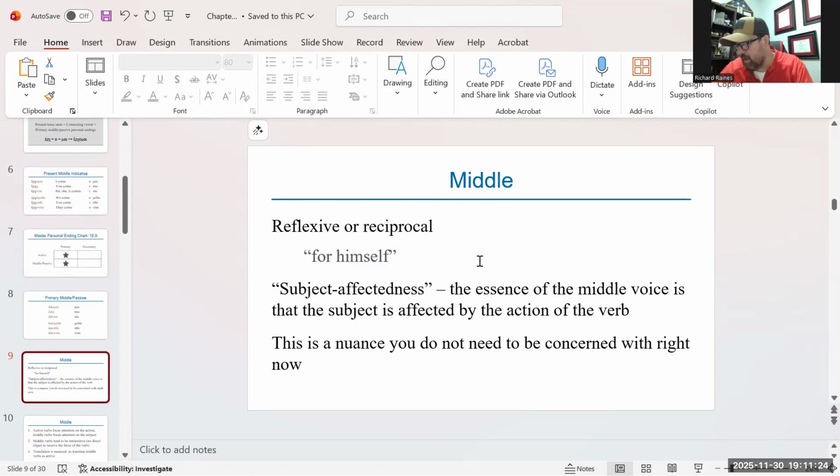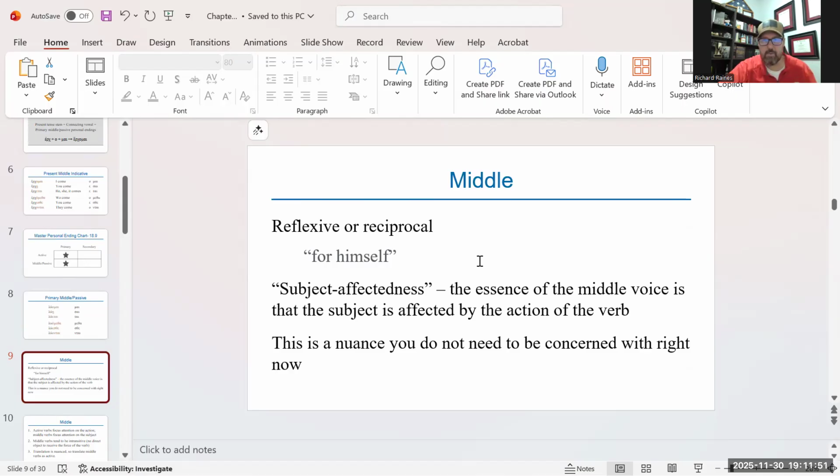He covers this starting on page 185 at the bottom, where he gives you some insight into the middle voice, but he refers to the middle voice as subject affectedness.